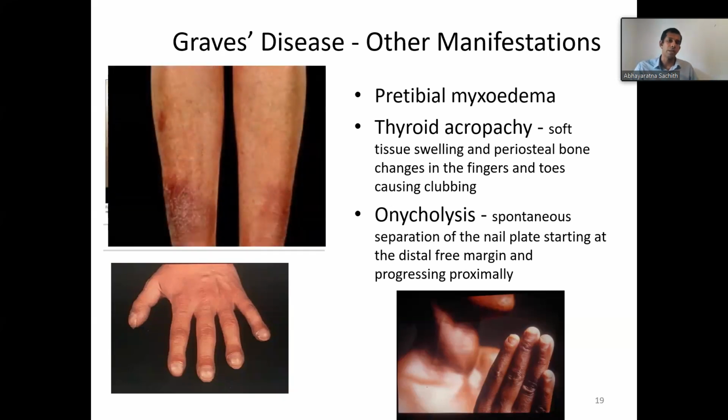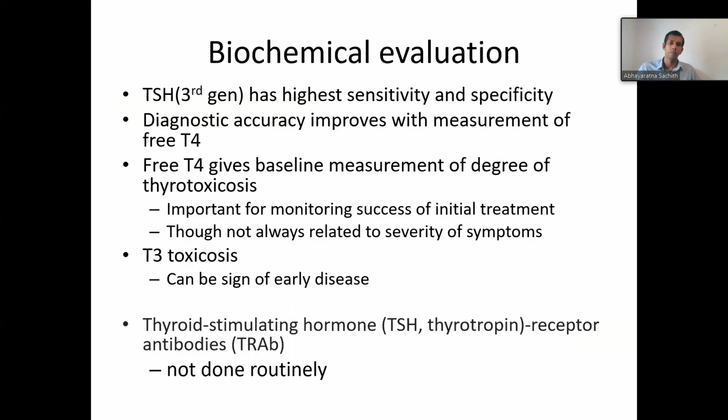Pretibial myxedema may be subtle, especially in our patients. It's not so prominent as in Caucasian patients, but if you see symmetrically distributed changes in the skin on the anterior part of the legs, you have to think about this if they are hyperthyroid.